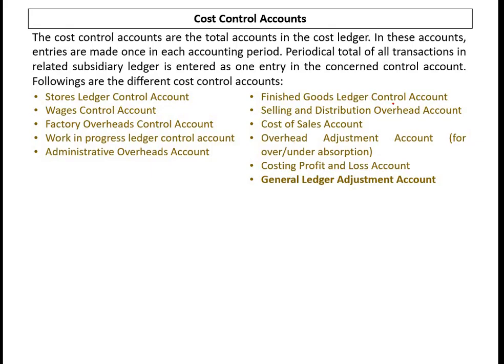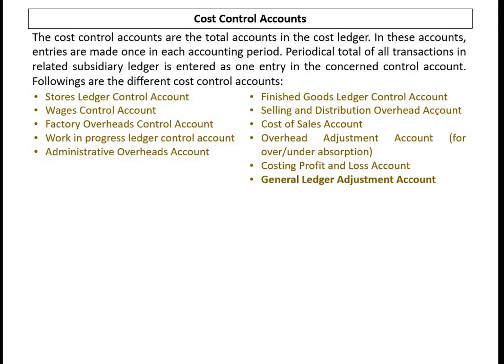Finished goods ledger control account includes on one side the goods transferred from work in progress, plus the administrative overheads. And the resultant figure of finished goods ledger will be our cost of goods sold.